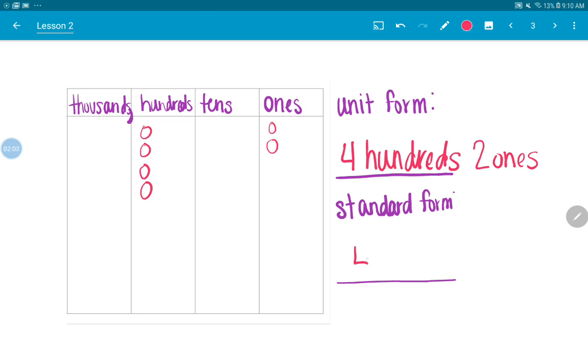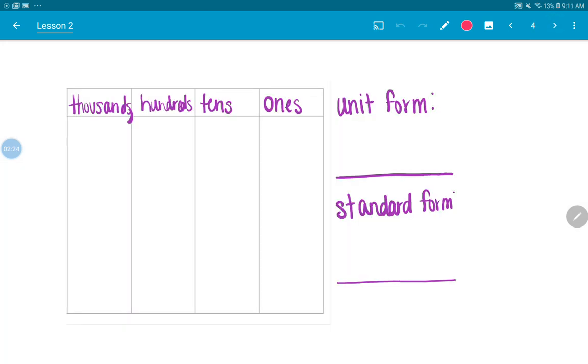Okay, so I write a 4, then what? 402. Why do I have to put a 0 between the 4 and the 2? Because if you didn't put a 0, it wouldn't hold the tens place. Exactly, that 0 is there to hold the tens place value. Perfect, good explanation. All right, let's do another one.